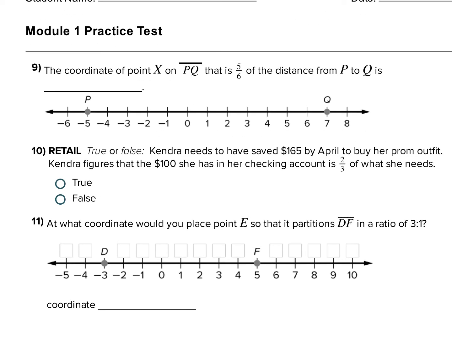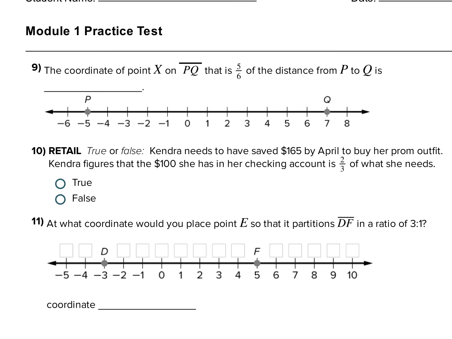Next is the coordinate of X on PQ is 5/6 of the distance from P to Q. Okay, so where our last question asks us for the total distance, this is asking us for a portion of the distance.